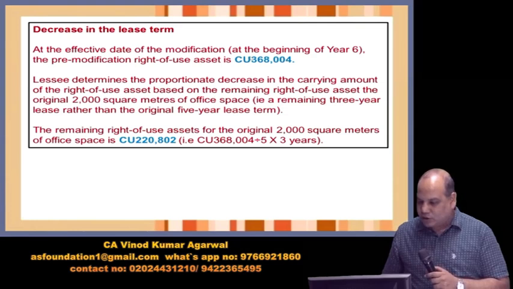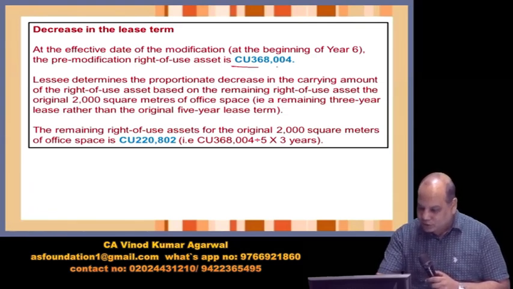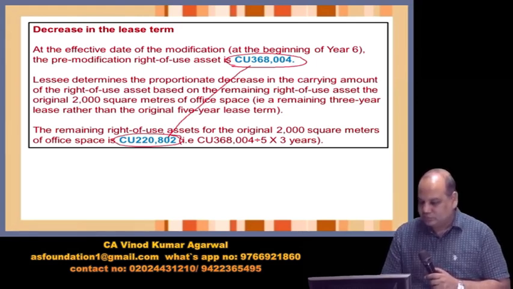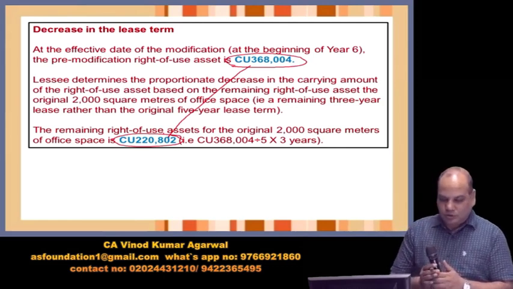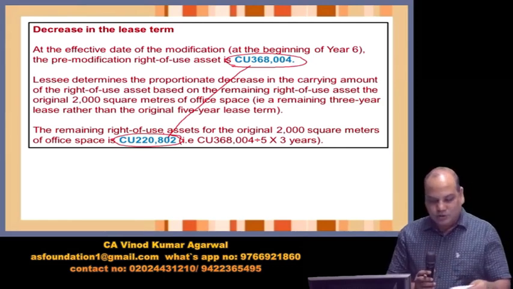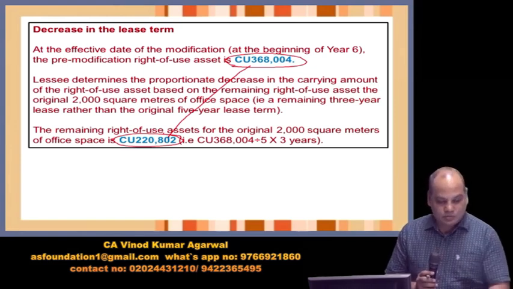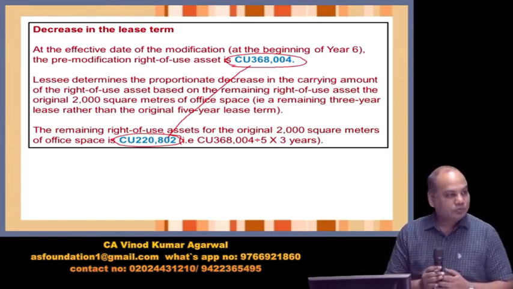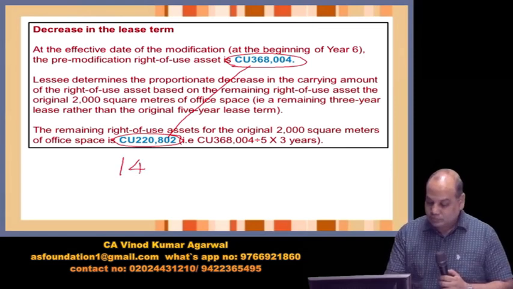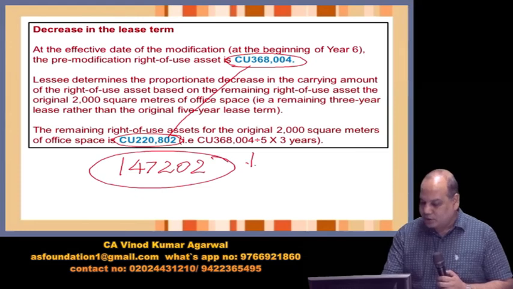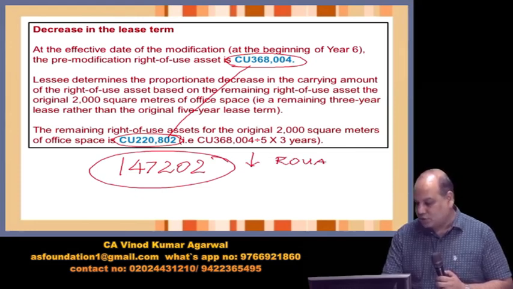So tell me by what amount I have to reduce my asset because of modification in the lease term. You are not responding. What amount? By what amount I should reduce my asset? 147,202? This will be decrease in right of use asset.